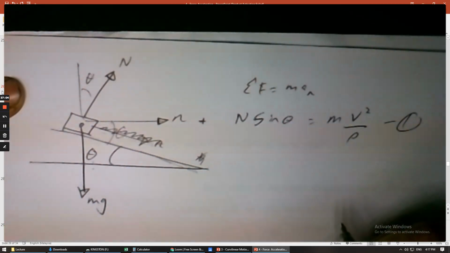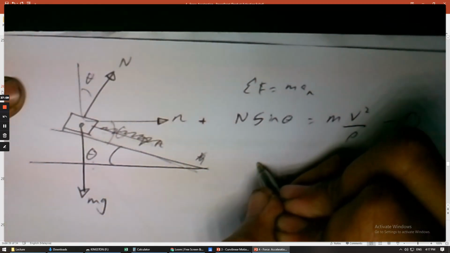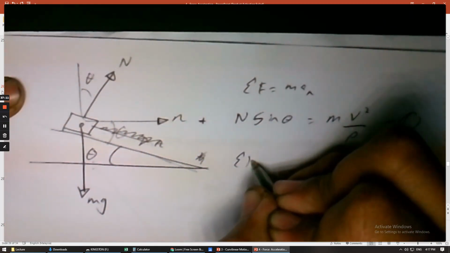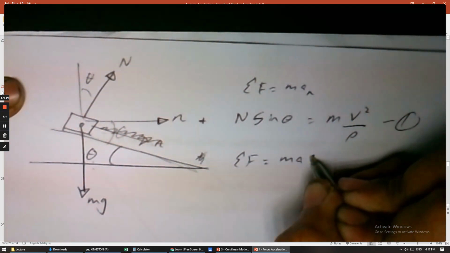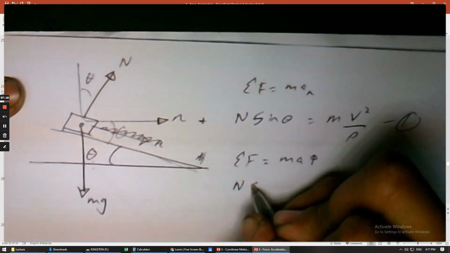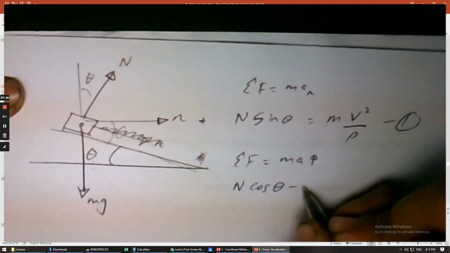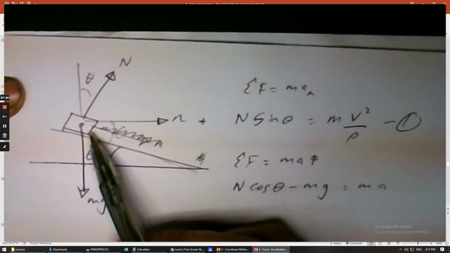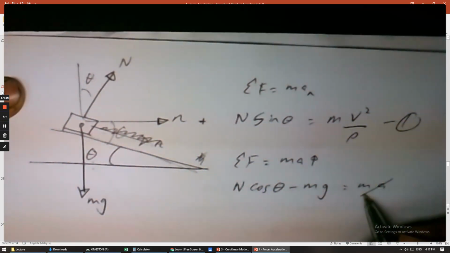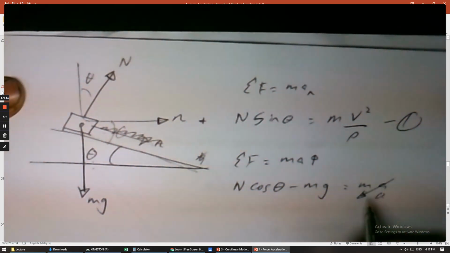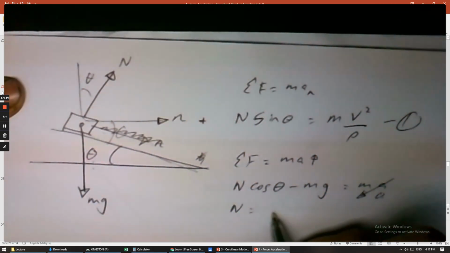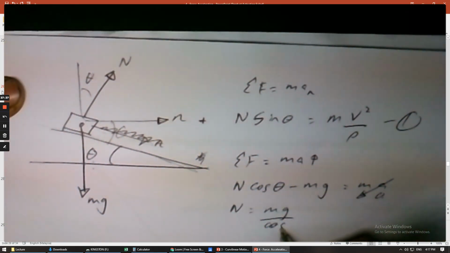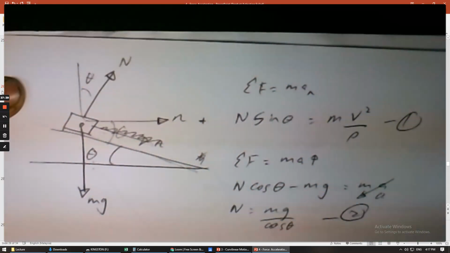Then we can do another one, F equals ma going up, which is N cosine theta minus mg equals ma. However, there is no movement up and down, so this is 0. So N equals mg divided by cosine theta as the second equation.